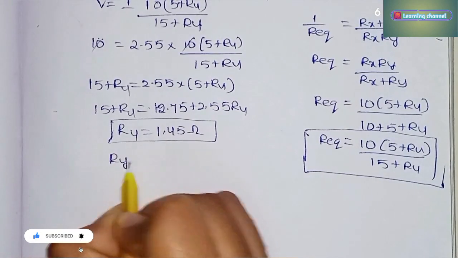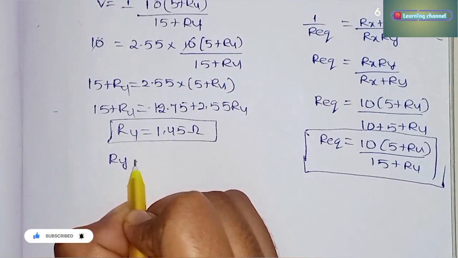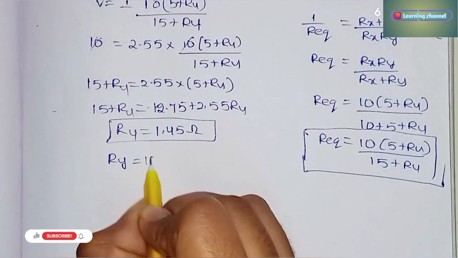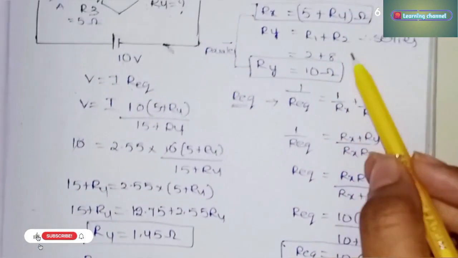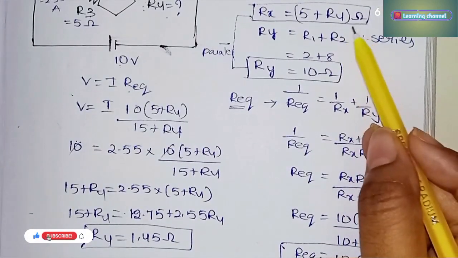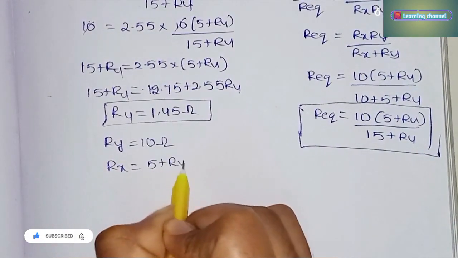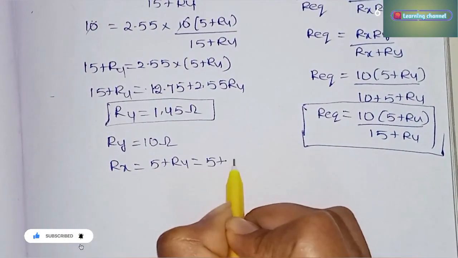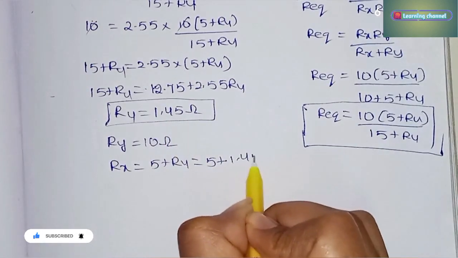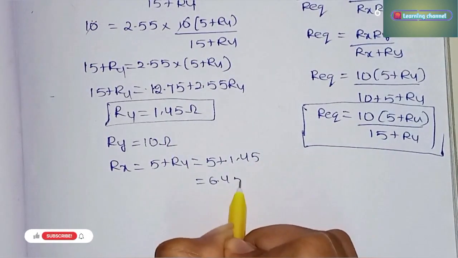So the Ry value is 10 ohms, which we got earlier, and Rx is 5 plus R4, that is 5 plus 1.45, equal to 6.45 ohms.